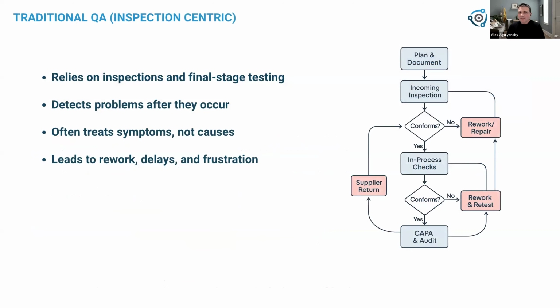So, of course, we want to compare with a traditional QA, and again, I am coming from a software engineering world, at least in the last 20 years, and I've seen a lot of these inspection-centric approaches. We're doing something, then QA comes along and tries to find if anything is wrong, right? So it relies on inspections at the final stages.